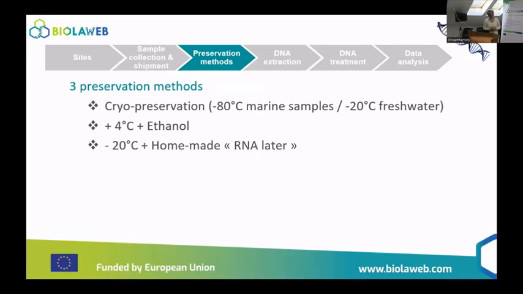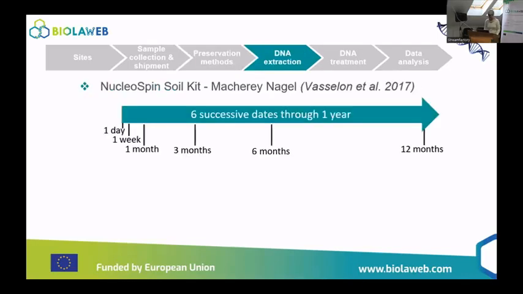And the last one was to use RNAlater, which will limit the degradation of RNA. There are commercial buffers like that, but we used the homemade buffer, and we preserved them at -20 after the buffer was put.